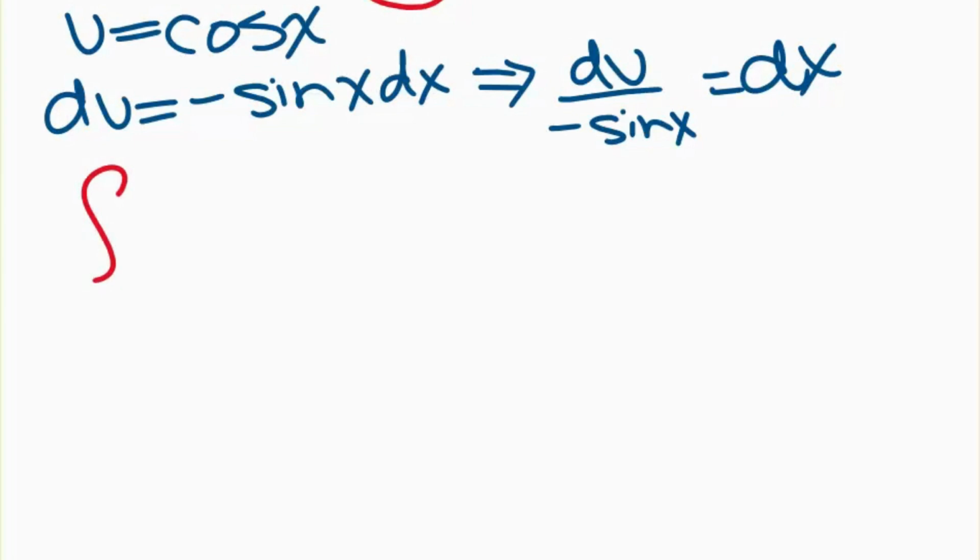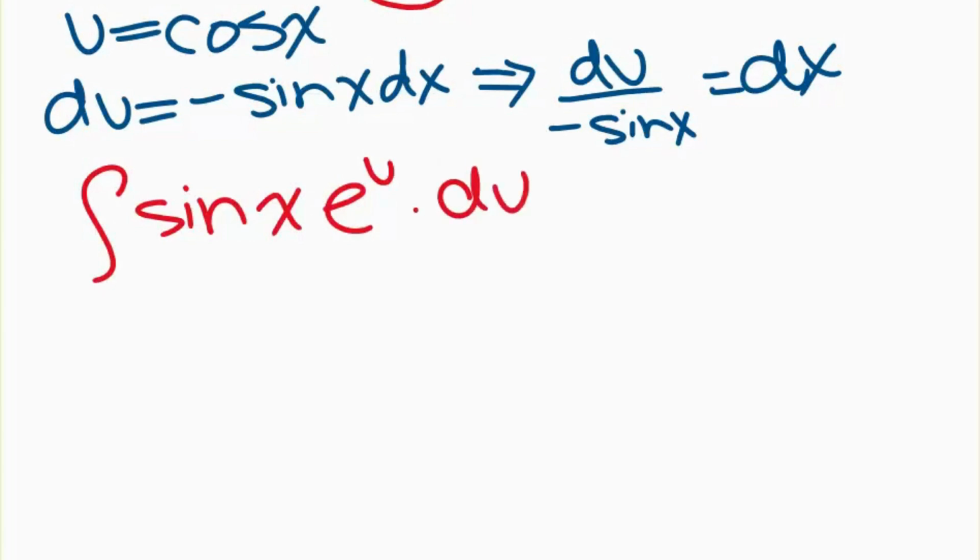So therefore, we are looking for the integral of sine x e to the u power, and then dx is du divided by negative sine x. Simplifying this down, our sines cancel out.